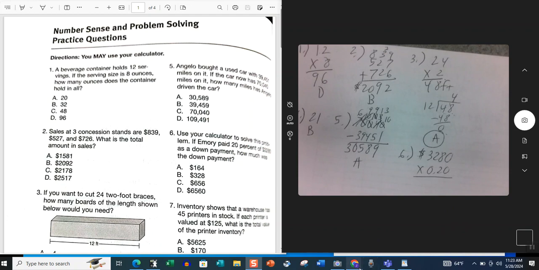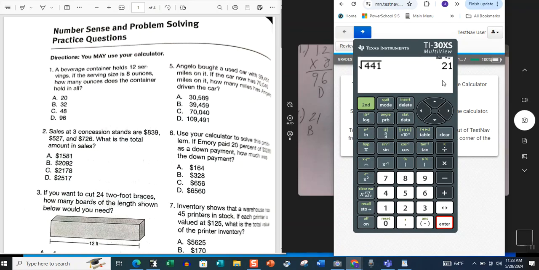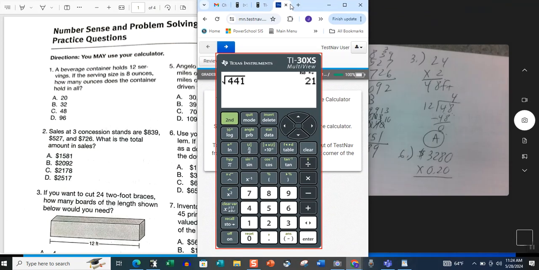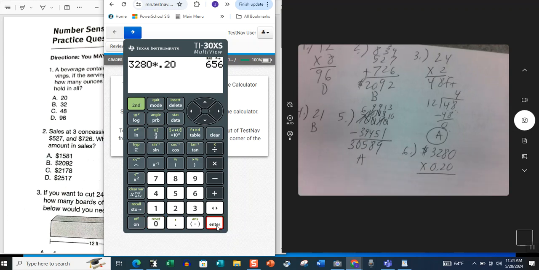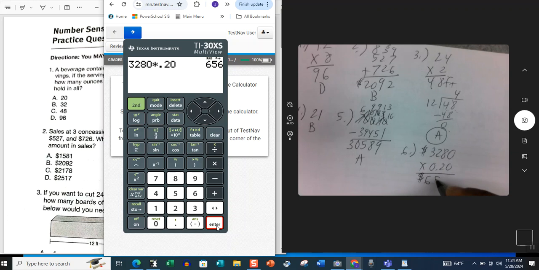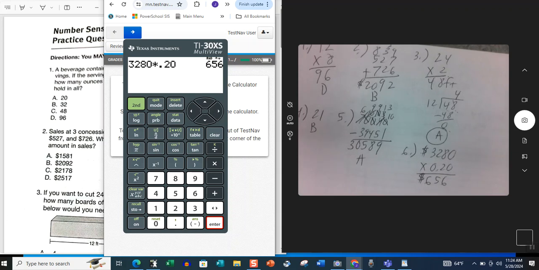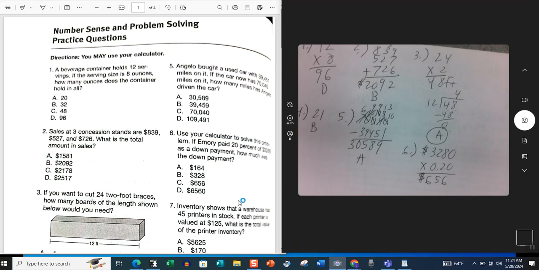So we would take our calculator and multiply 3,280 times 0.20. And that would give us a down payment of $656. So that would be C.